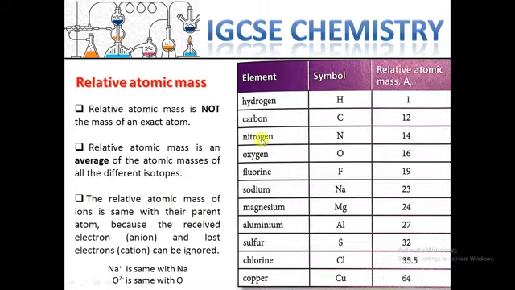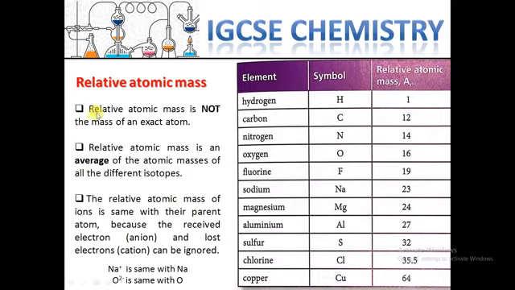Nitrogen is heavier than carbon, it is 14, and then oxygen, fluorine, sodium, magnesium, aluminium, sulfur, chlorine, and copper. Your book has rounded these numbers. For example, carbon is actually 11.99, but this number has been rounded.